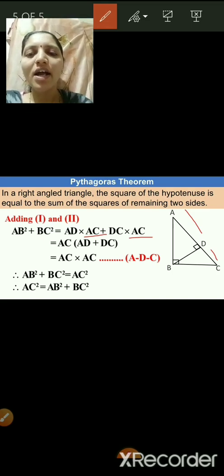Now AD plus DC, we have already shown in construction that points A, D and C are collinear. So we can write here AD plus DC as AC. So AC into AC. So you will get here AB square plus BC square is equal to AC square. We can rearrange these terms. We will get AC square is equal to AB square plus BC square. Thus, we have proved the Pythagoras theorem.